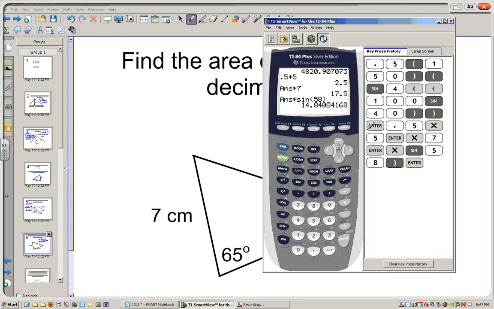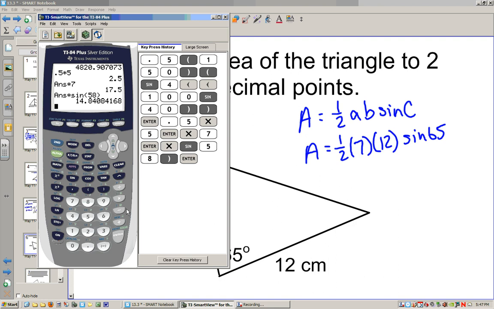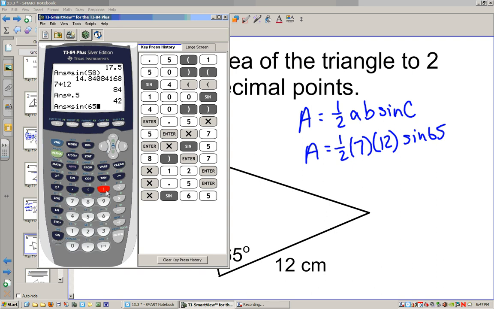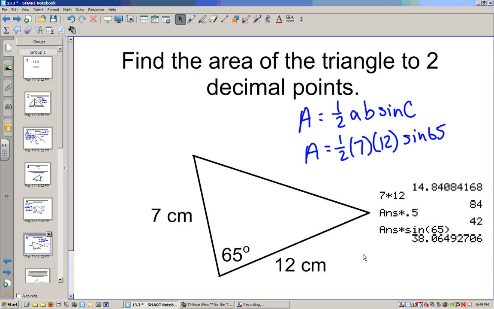When we punch this into our calculators, we get 7 times 12 is 84, and then times 0.5, so there's our 1/2, and then times the sine of 65. So the area of this triangle is 38.06 centimeters squared.